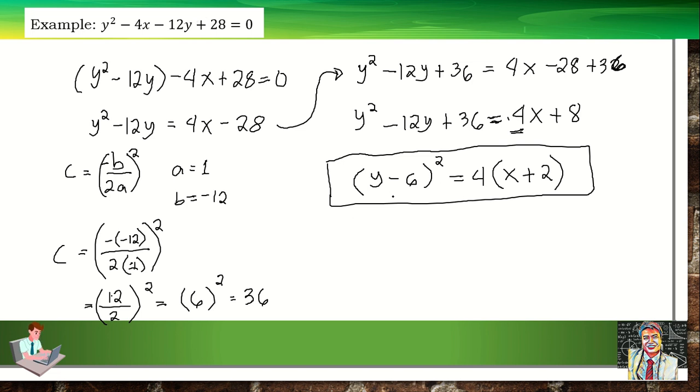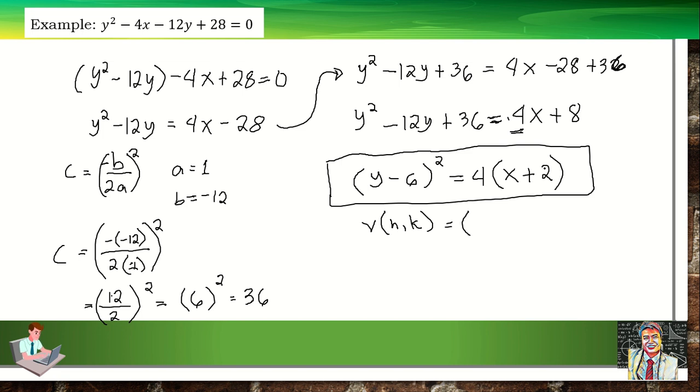So, kung gusto nating malaman kung ano yung vertex niya at h and k, remember nyo lang lagi na ang kasama ng x is the h and ang kasama ng y is the k. So, hindi pwedeng yung una agad ang h, hindi. Kung alin yung kasama ng y, yun yung k, at yung kasama ng x, yun yung h.